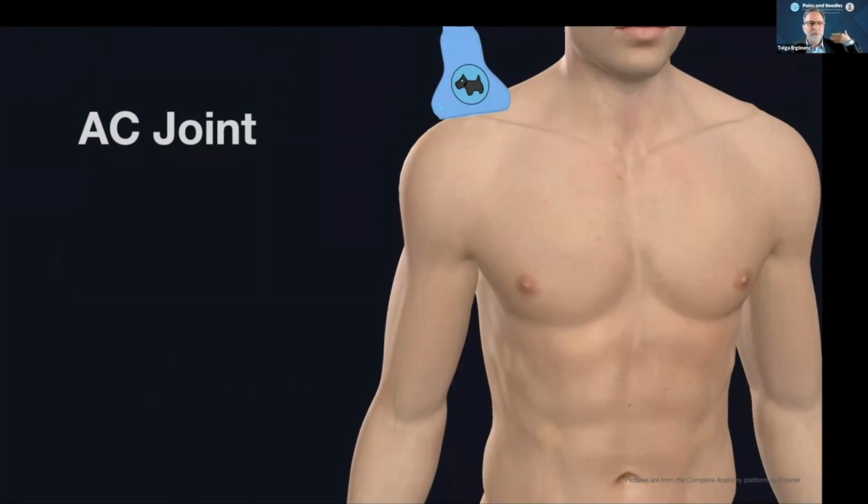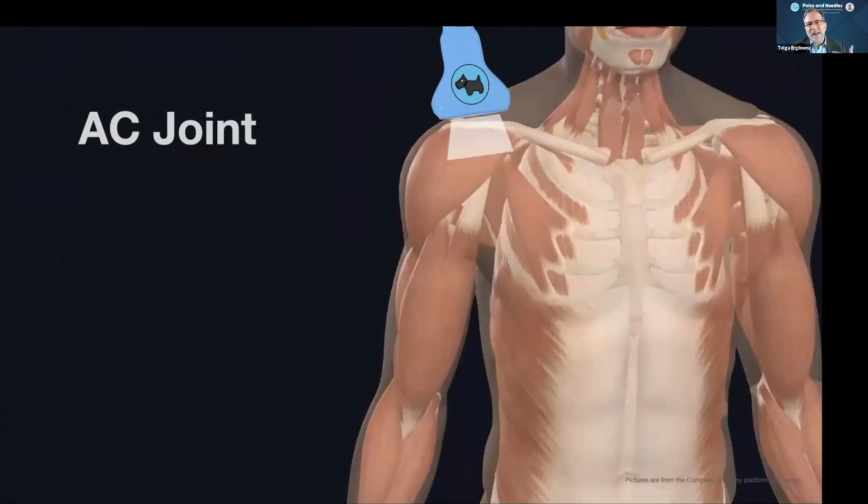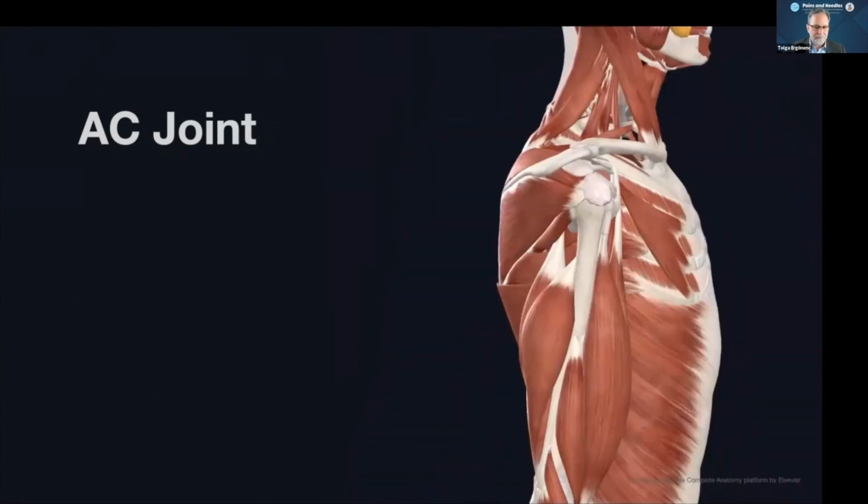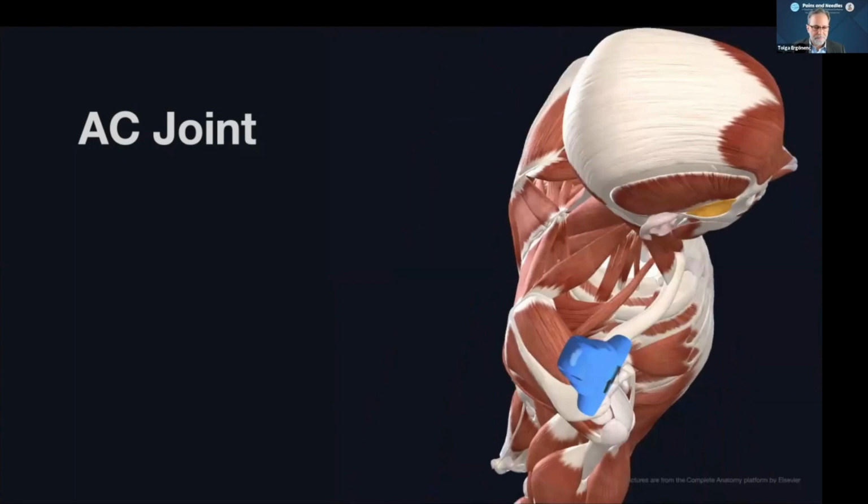When you put your transducer over the AC joint, the ultrasound beam cuts through the tissue like a knife, like this. Sometimes we need to tilt the transducer a little bit for the best view of the AC joint sonogram.